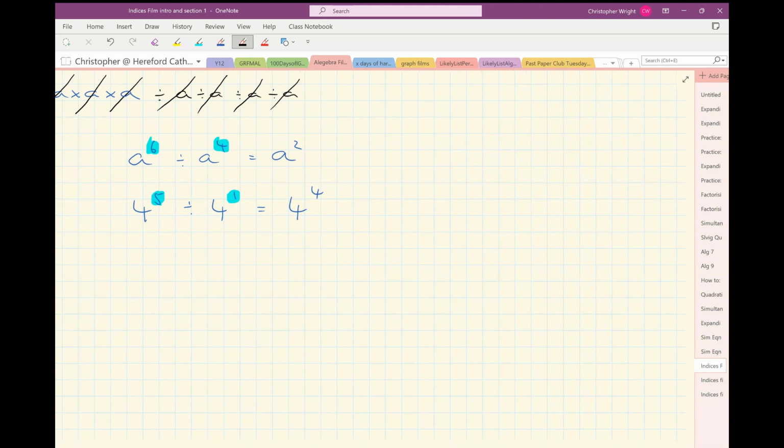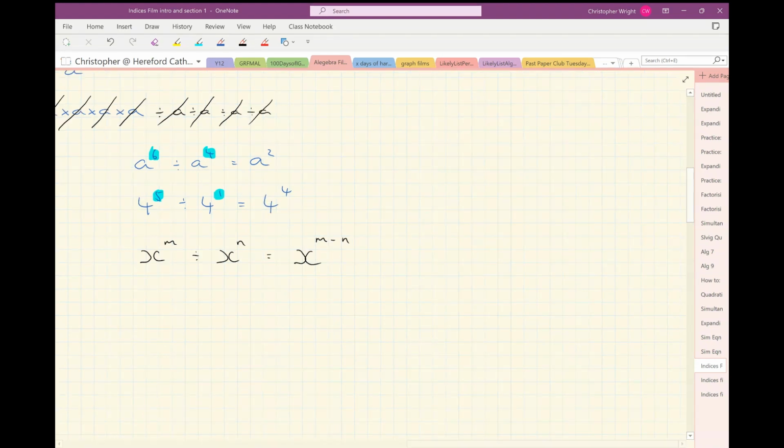So to put that rule into algebraic terms, I suppose we could say that x to the power of m divided by x to the power of n is x to the power of m minus n. But if you're like me, you'll just remember that when you divide, you subtract the powers.